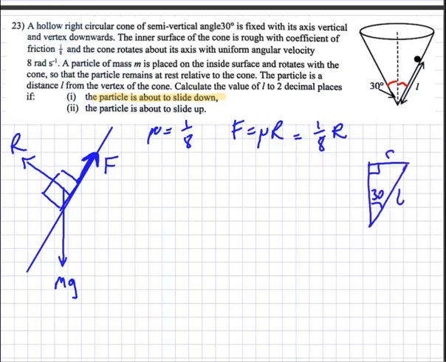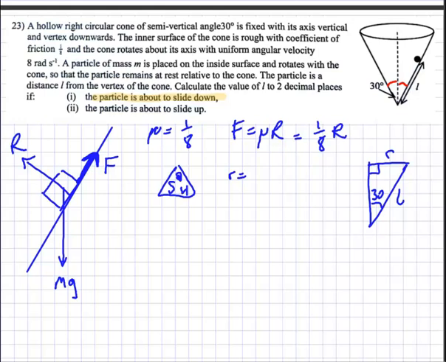So if we think about what we have there, we have our radius that we're trying to appreciate. Now, we want to find out what L is, so I'm best describing everything in terms of L. So my radius is going to be using SOHCAHTOA, sine, cos, tan.